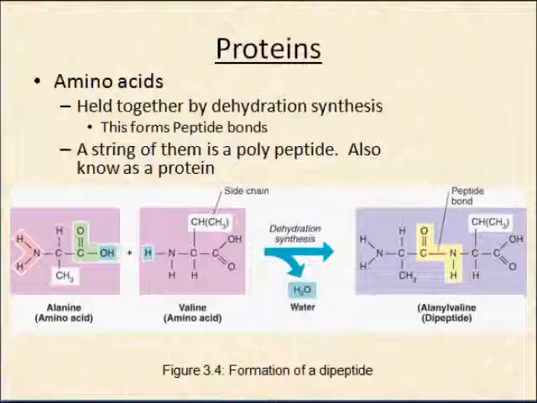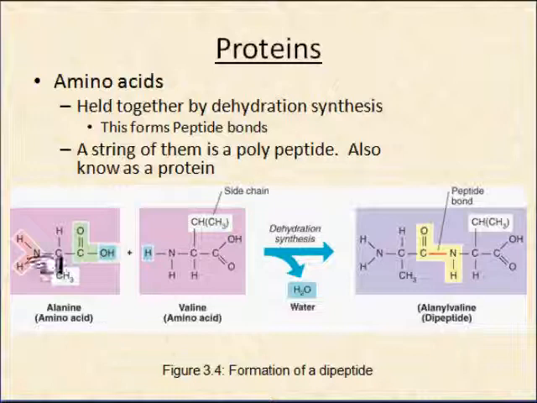The process of building a protein, which is really a functional or structural component in cells, involves putting these individual amino acids together to form a string. The way that that is done is a process called dehydration synthesis, where we take out a molecule of water.